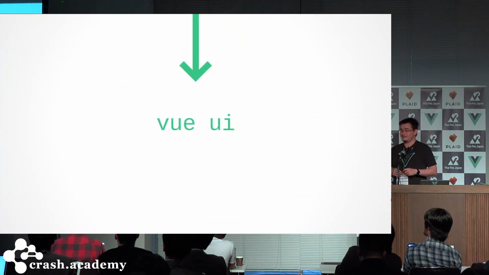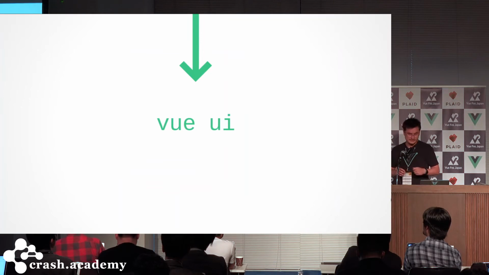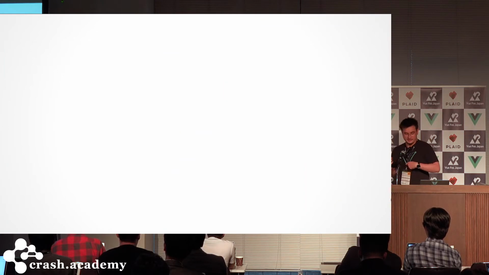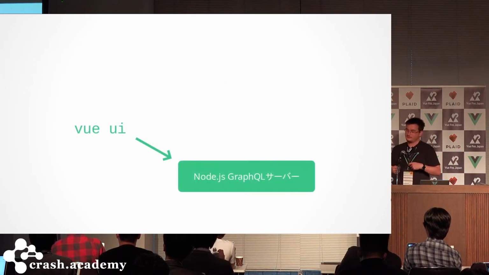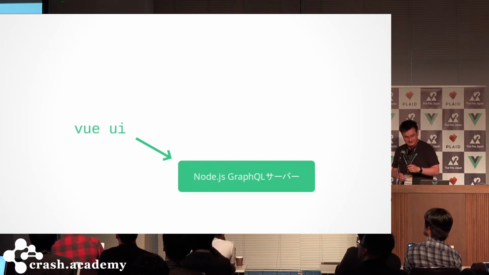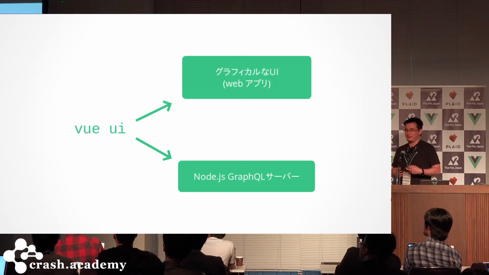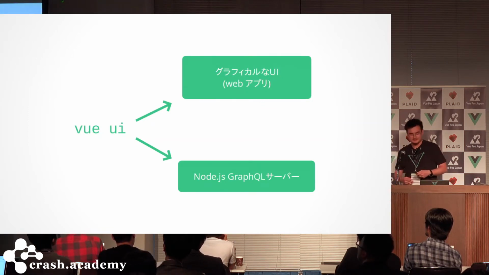So Vue CLI UI is a new command you can run with this Vue UI command in your terminal, and it will basically spawn a Node.js server on your computer, which also happens to use GraphQL, and then open a web page in your default browser with a web app, which is the graphical user interface for Vue CLI.